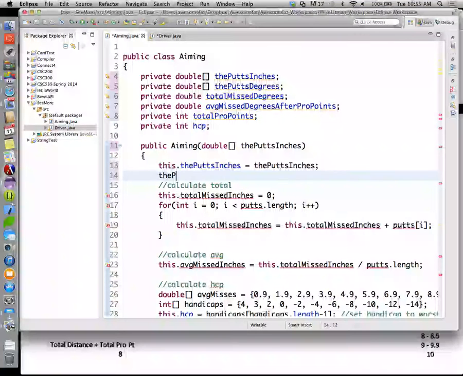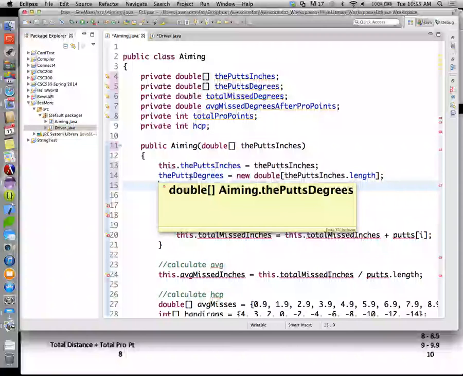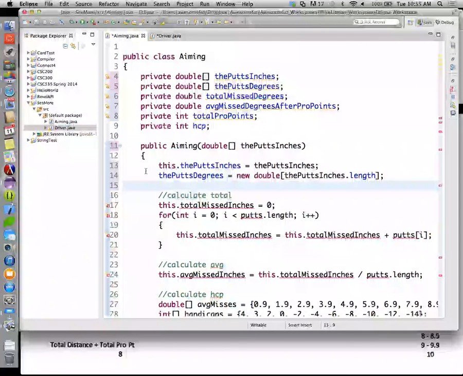So we're going to say the putts degrees is equal to a new double array of size the putts inches dot length. So we'll make this array of doubles have the same number of buckets in it as this array of inches. So our array of degrees is going to be empty currently, but it's going to have enough buckets to store all the degrees for each putt that was passed in.